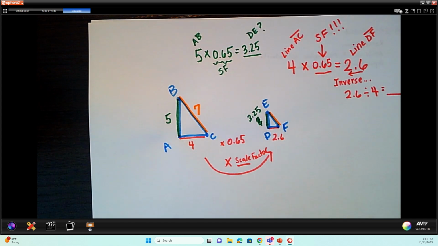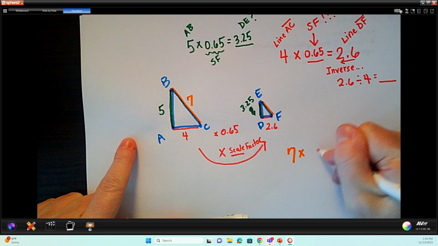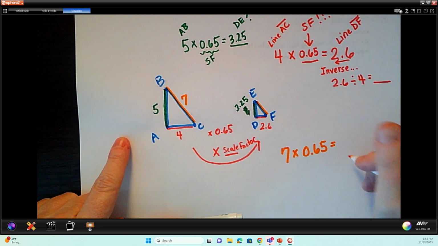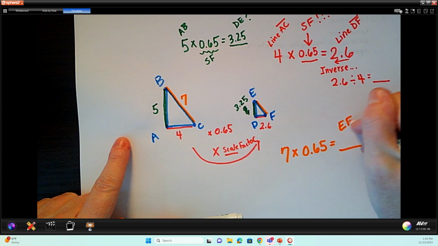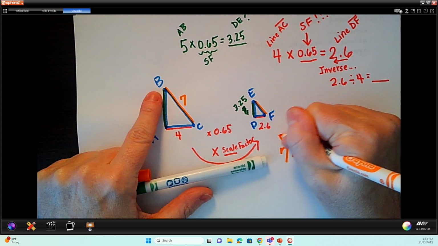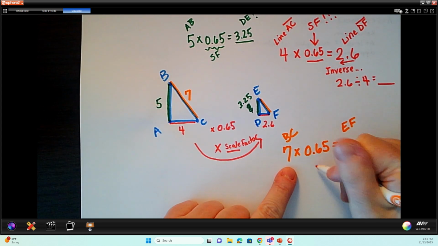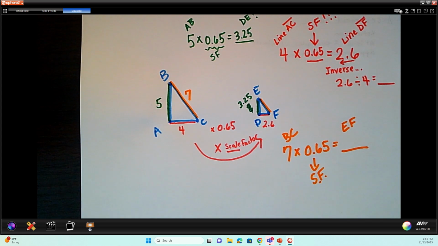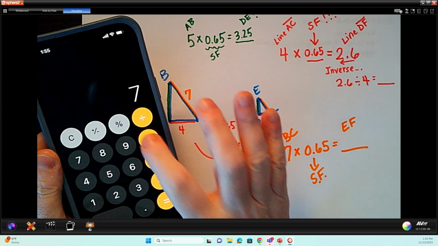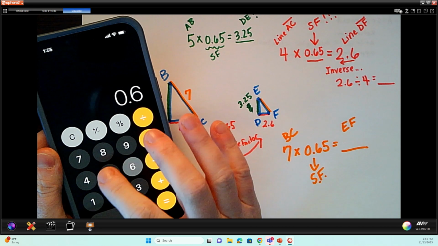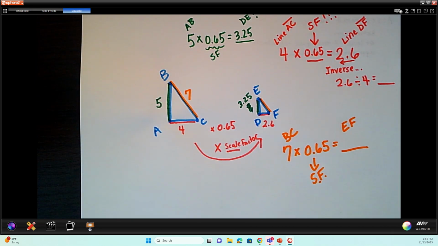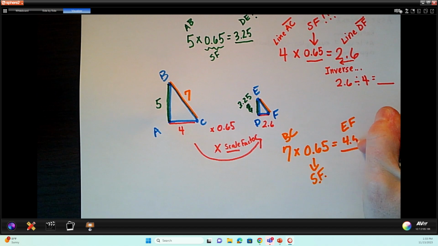Now I just have to do 7 times the scale factor, and that will give me the missing side, EF. This is BC, 7, and this is my scale factor. Okay, let's see what it works out to be. 7 times 0.65. 4.55. Okay, and that's okay. It's okay to have a decimal as an answer, 4.55.